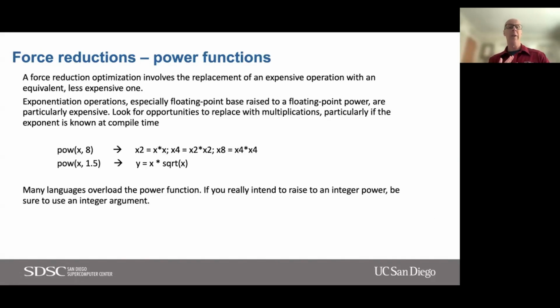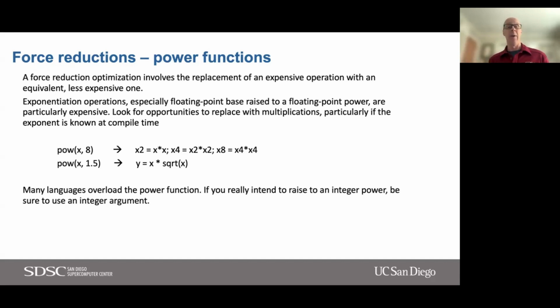Some other optimizations you could do. One of my favorites is strength reductions. This is where you look for a less expensive equivalent to a more expensive calculation. We know we're getting very close in time, but I'm going to point out that there are some intrinsic math operations that are very expensive. Square roots are more expensive than multiplications and additions and subtractions.